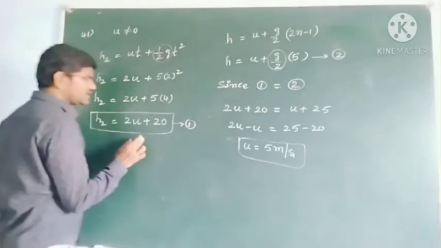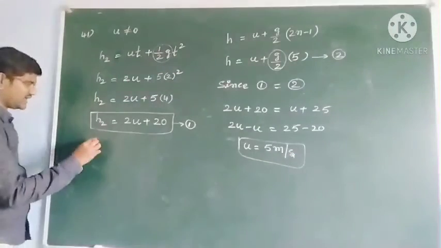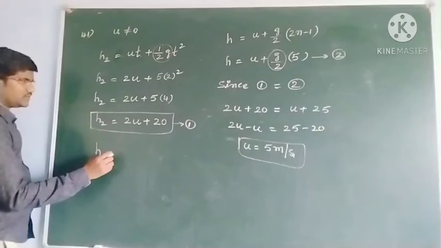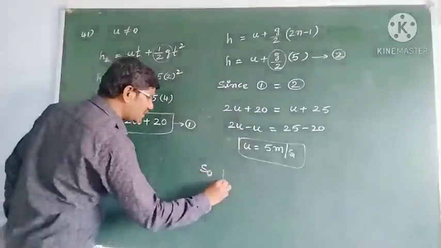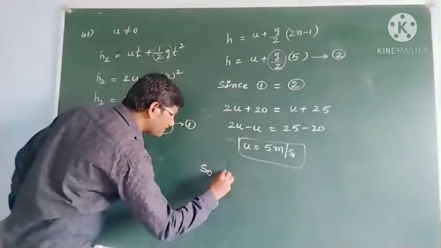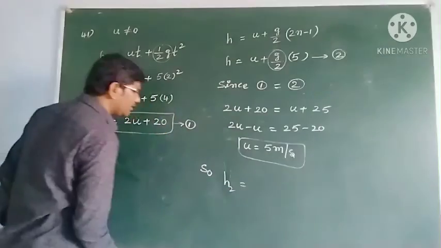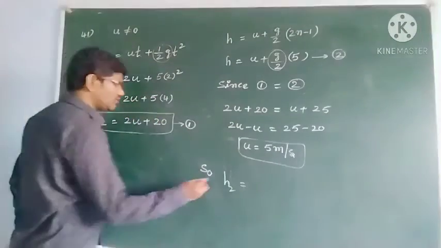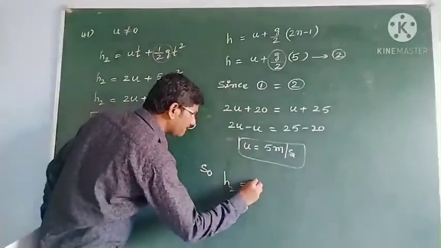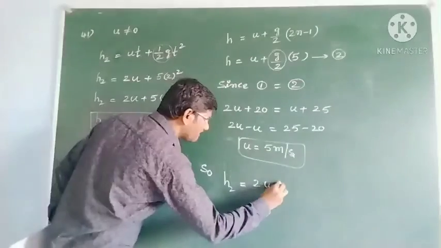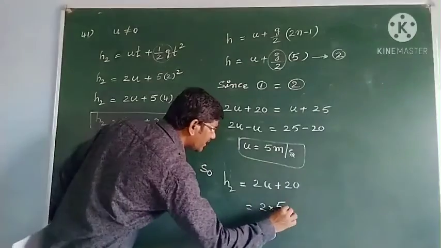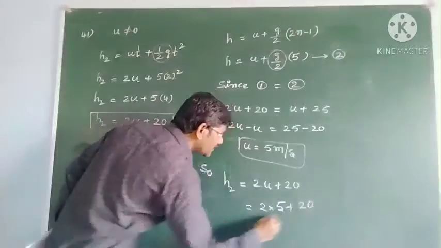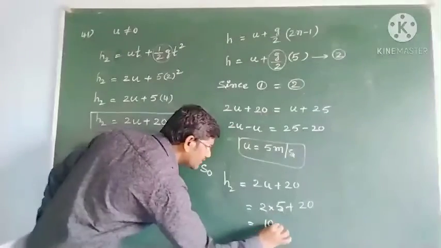So what is the height they are asking? The question mark is the height they are asking. I'll write h2 is equal to, h2 I want to find. h2 is equal to 2u plus 20. 2 into u value 5, plus 20. 5 2s are 10.